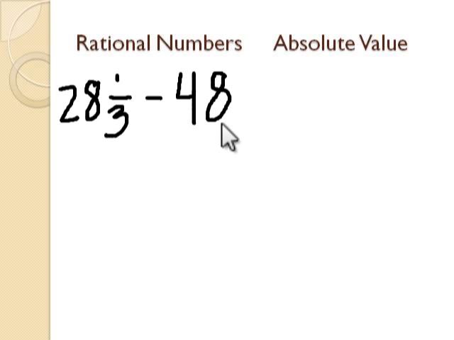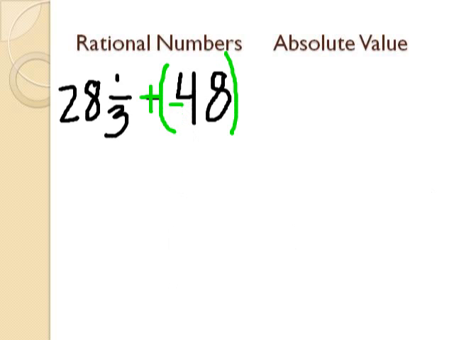So when the smaller number is before the bigger number, we have always been told we couldn't do that. Now we know that all we need to do is to change subtract to add. Leave the first number the same, change subtract to add, and change the second number to its opposite. So 48 is now negative 48.